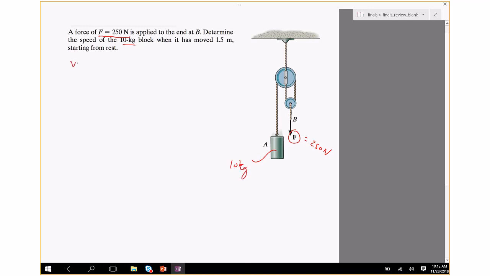We have to find the speed when it has moved, so when A has moved, let's call that 1.5. I wrote delta YA because it's the displacement, the change, which is measured as final position minus initial position.